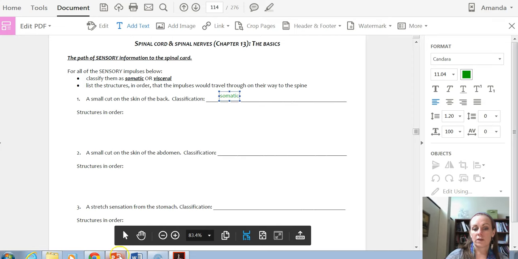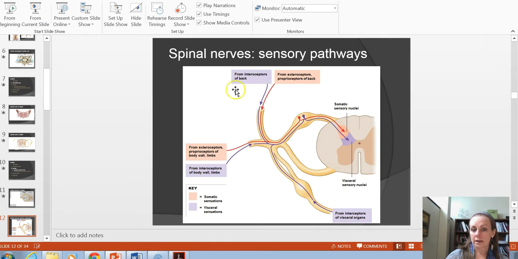So if we were to look back at this figure and say, our back, what structures does it take? How does it get from the back to the spinal cord?